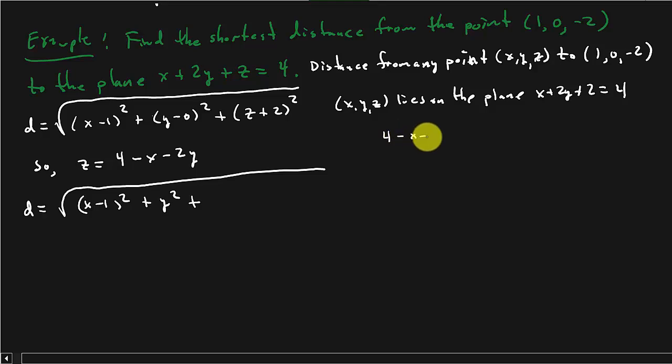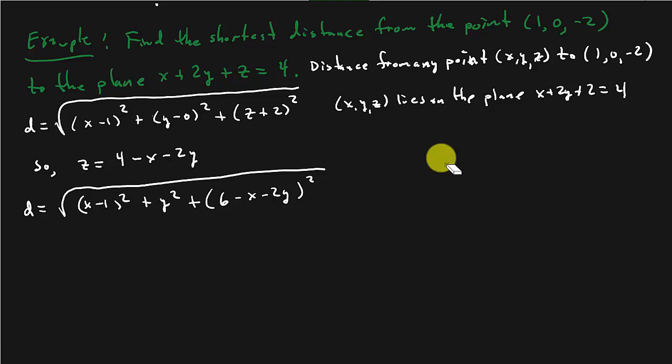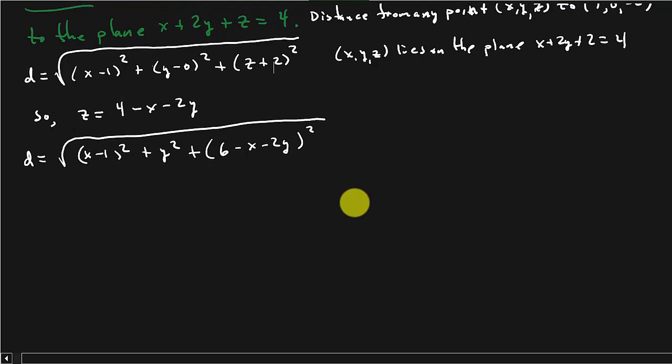I'm going to plug in 4 minus x minus 2y plus 2, and that's all squared. So that's just going to give me what? (6 minus x minus 2y) squared when I combine like terms. So basically what I'm doing, I'm getting everything in terms of x and y. Okay? And so when we minimize this, we can minimize it by minimizing d squared.